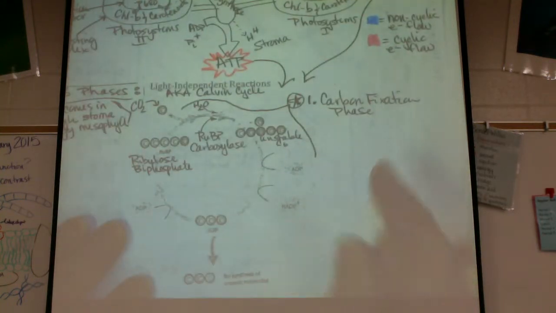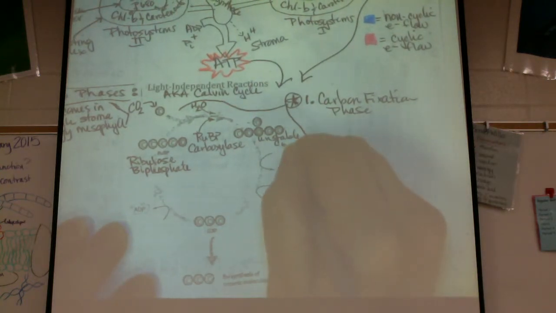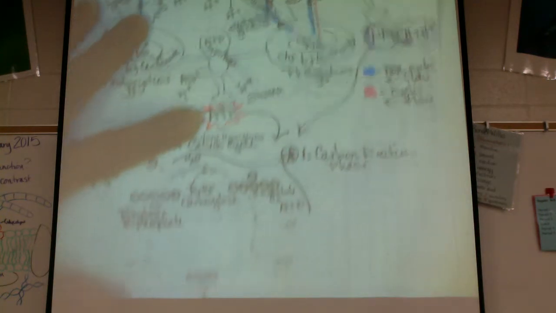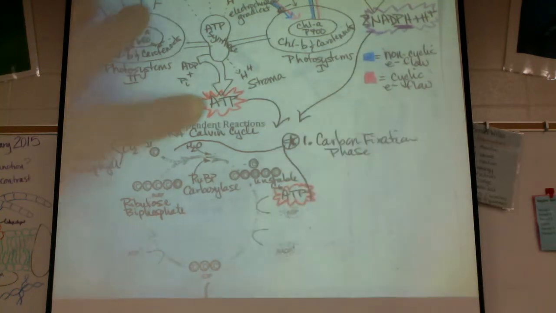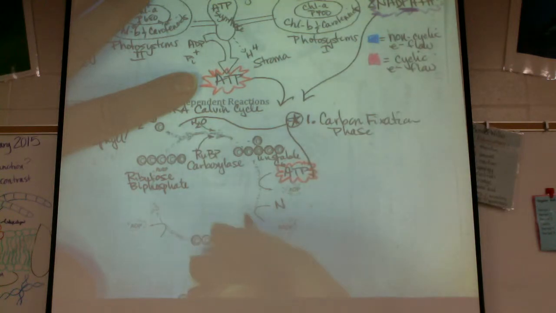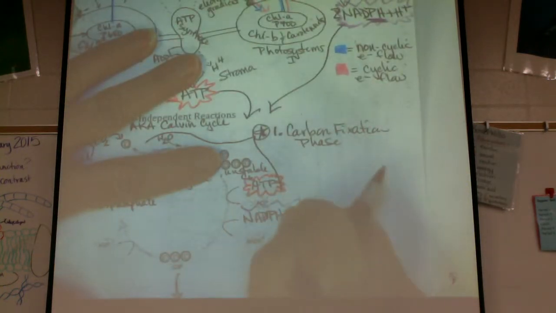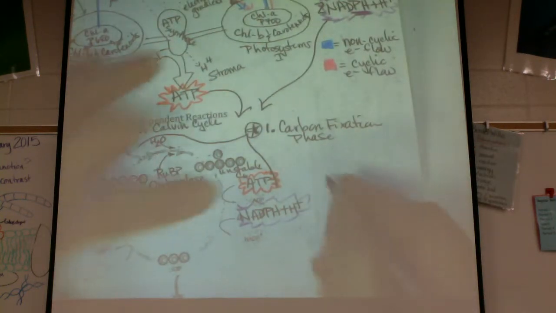And it's so unstable during this carbon fixation phase that all you've got to do is add some ATP that came from photosystems, right here, from photosystem 2, and some electron taxis bringing in some NADPH plus H plus. They're going to be bringing in some electrons to do the next phase.